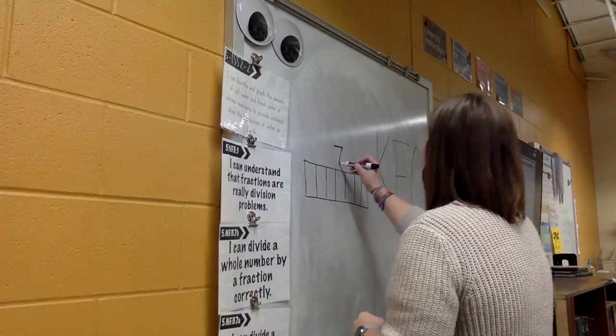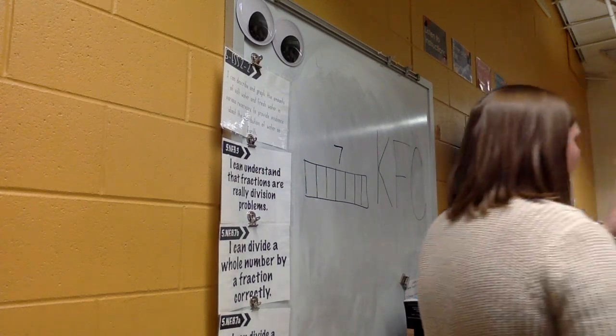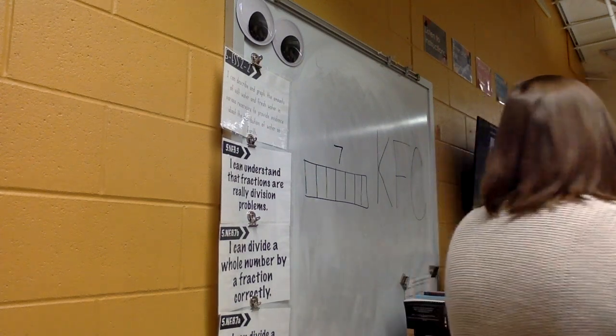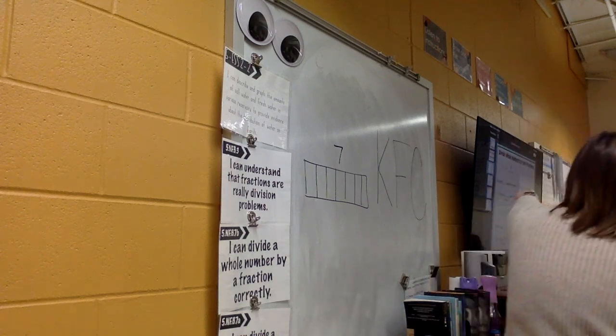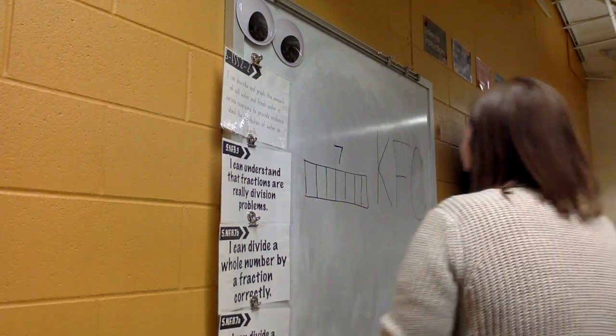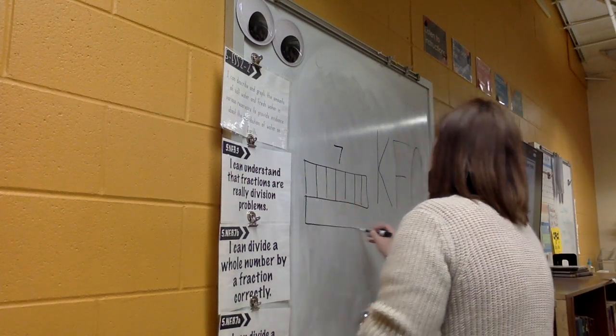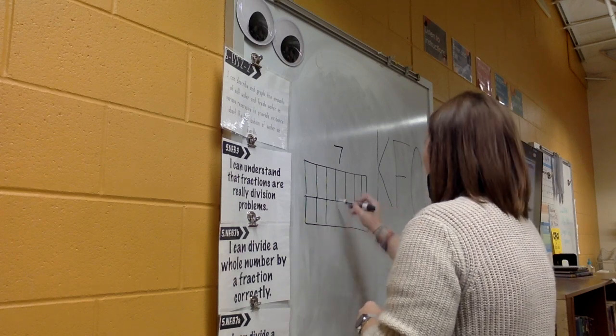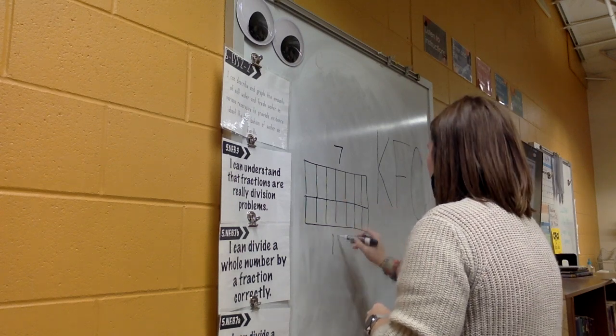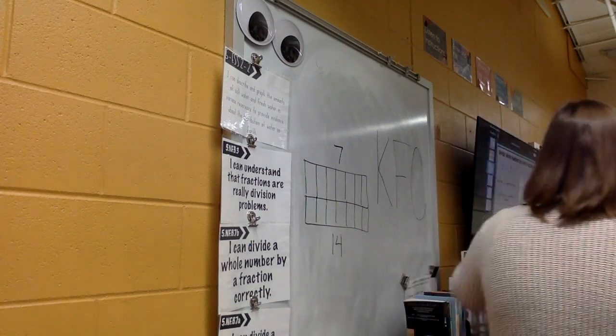So I have 7 pieces in that one box. But it also wants to know how many 7ths I would have if I had 2 boxes. 14. I would have 14. So that's what it's doing.